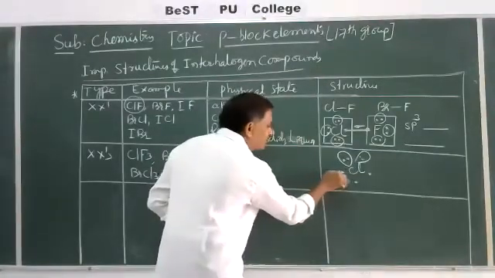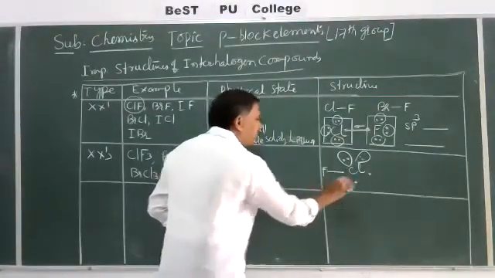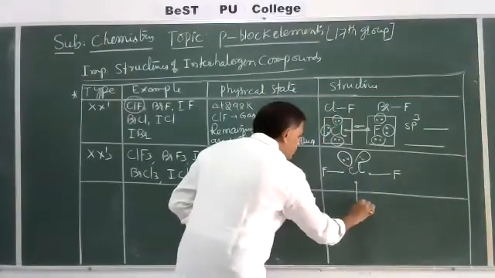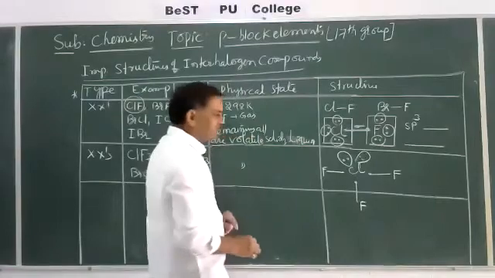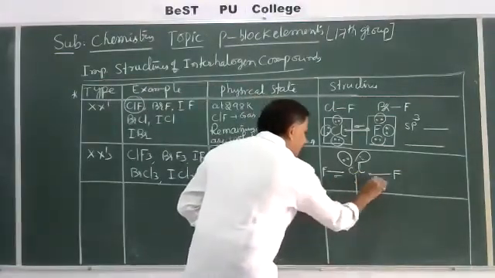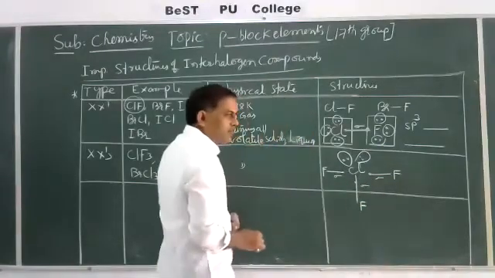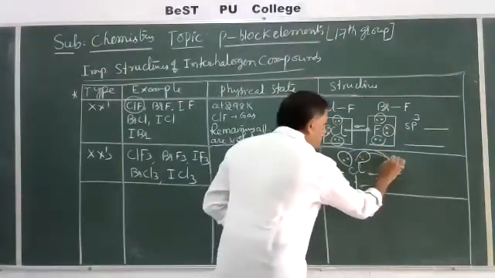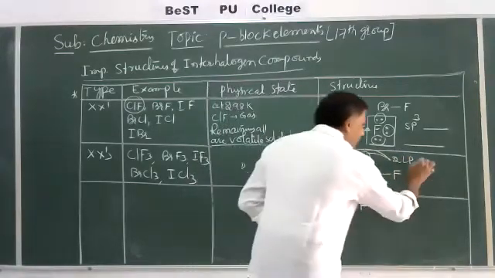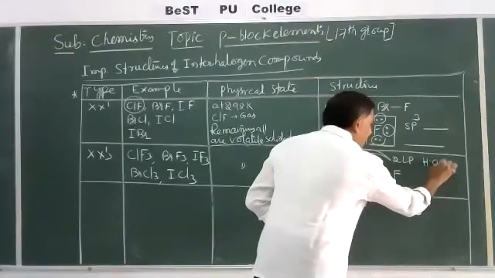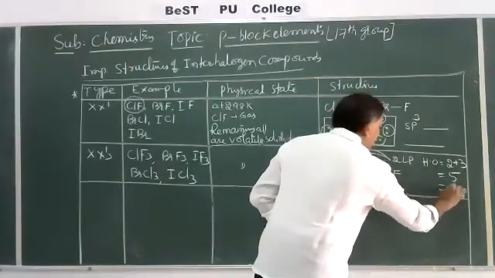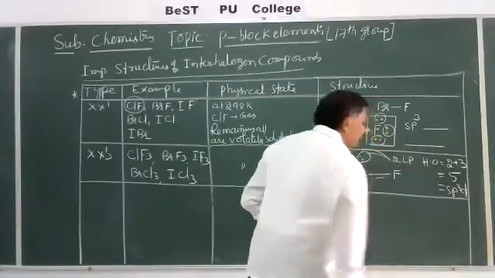Each is bonded with fluorine. Between chlorine and fluorine, 3 sigma bonds are there, and 2 lone pairs are there. Finally the hybrid orbitals are 2 plus 3, that is 5, nothing but sp3d.